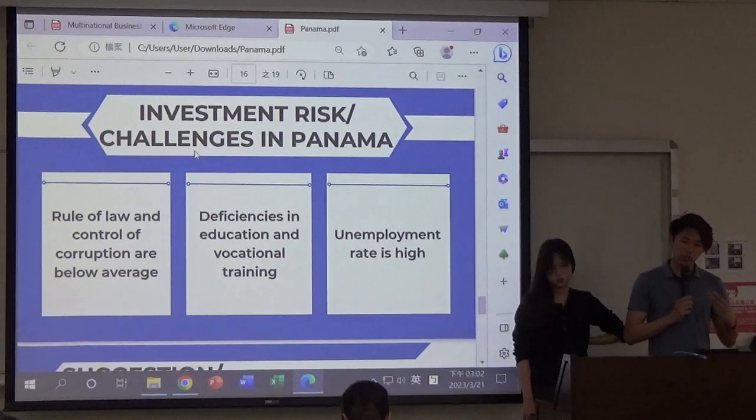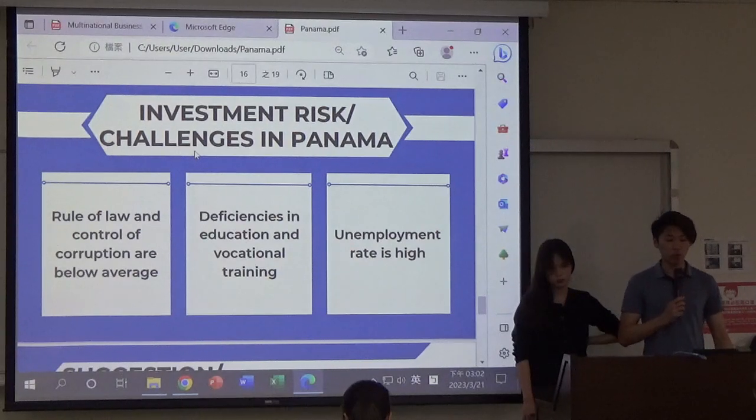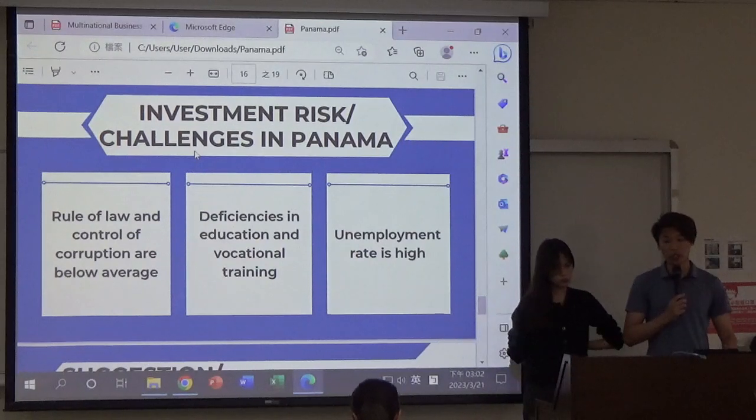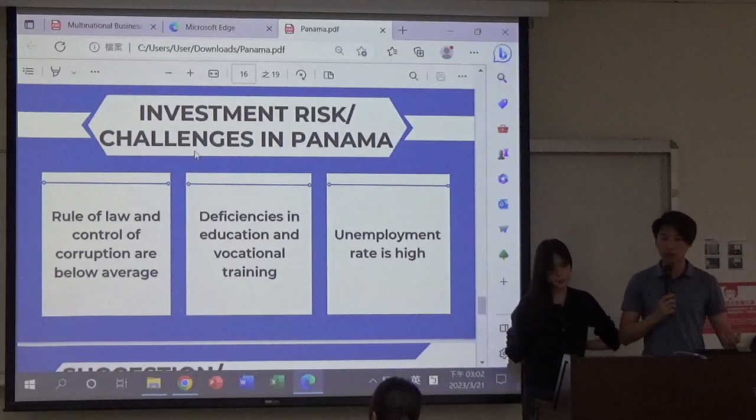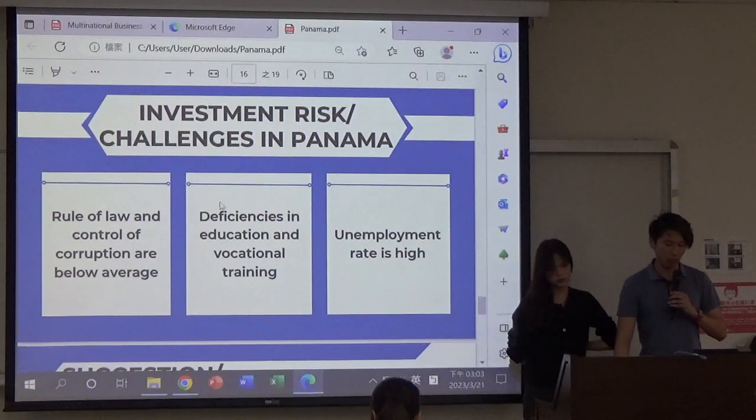Additionally, locally, there is a fairly high unemployment rate and deficiencies in their educational vocational training. And so the businesses that would be attracted to Panama aren't those that rely heavily on the local workforce, but primarily would be built from external businesses, mostly headquartered themselves in Panama.